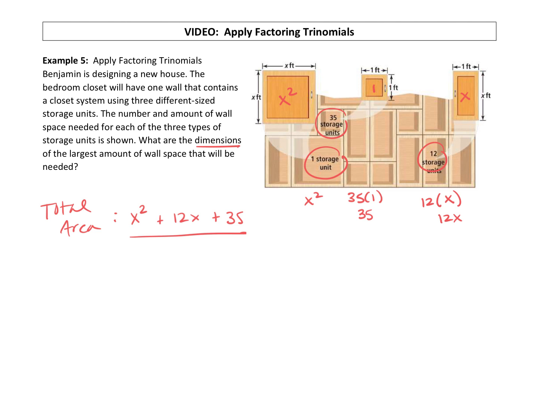So we know that area is found by taking the length times the width. So what we're going to do is we're going to factor this to find binomials that represent the length and width.